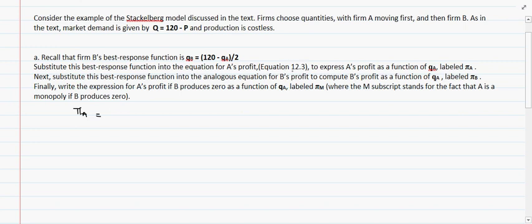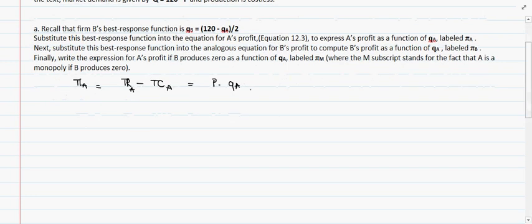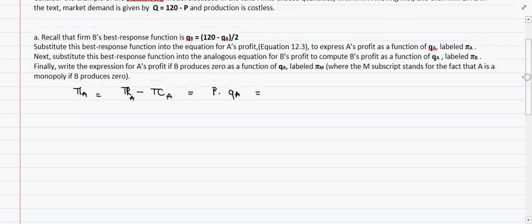You can always look back at the textbook, where equation 12.3 gives you the profit function for firm A. Profit for firm A is total revenue for firm A minus total cost for firm A. In this case it's easy because the cost is 0, so the only thing we need to worry about is total revenue, which is the price in the market times the quantity produced by firm A, which is QA.